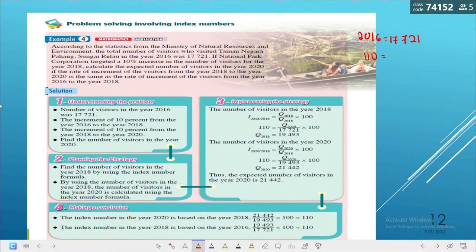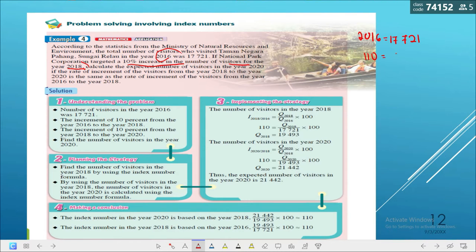This index 110 is actually based on the base year. What is the base used here? They use 2016, because of the 10% increase in the number of visitors for the year 2018, so they use 2016 as the base year.